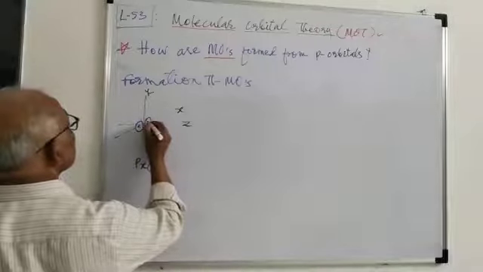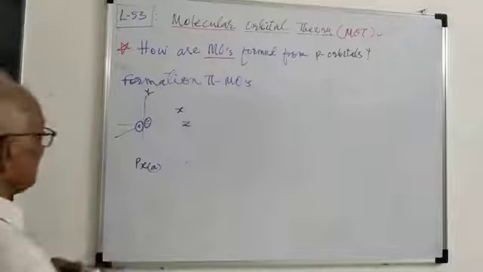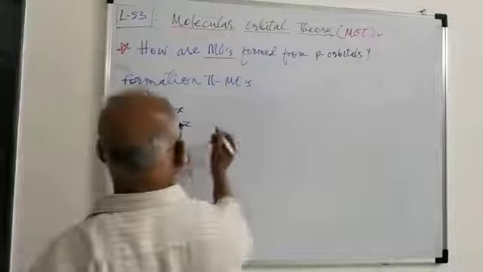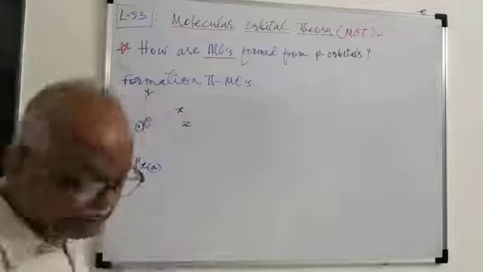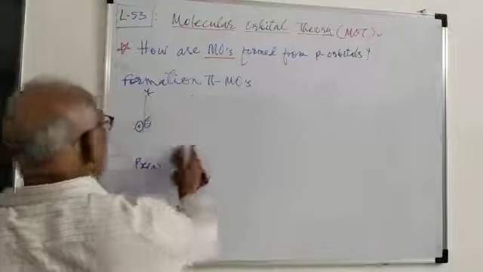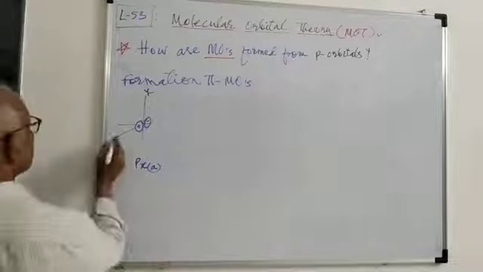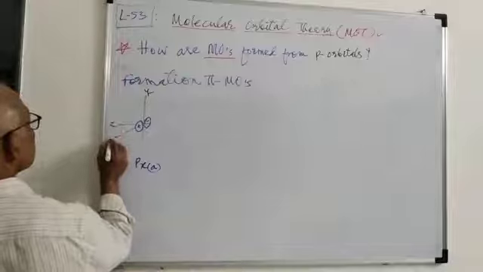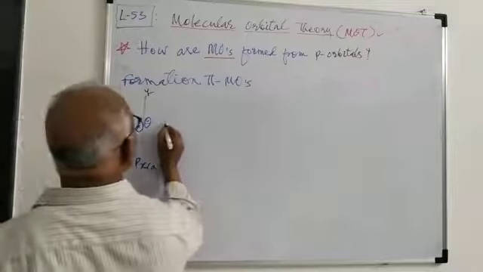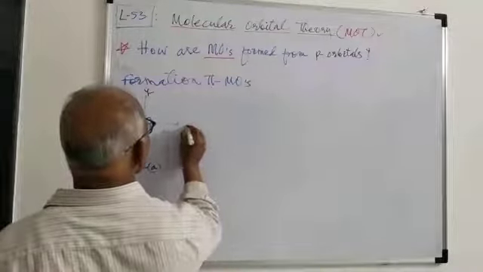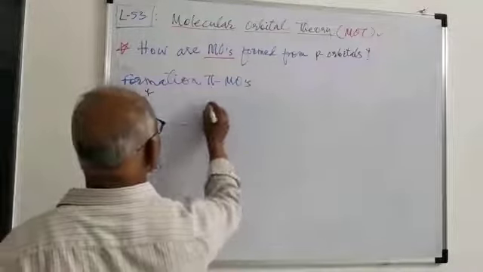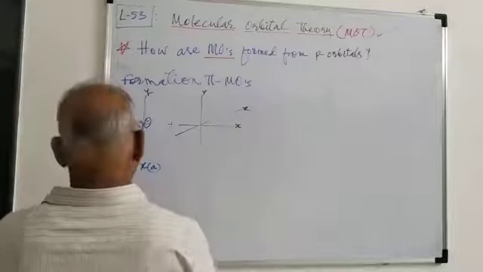Say this is plus, this is minus. Again, we will see. So this is one electron cloud for the atomic orbitals. So we have seen that this is the z-axis, this is the x-axis. Now we say plus. So these are the same axis, and z.